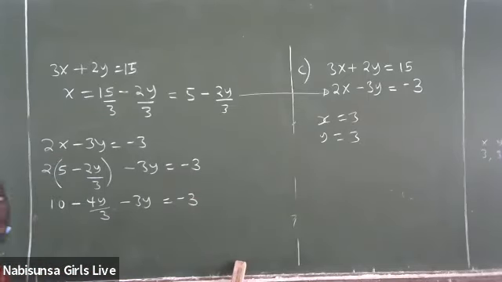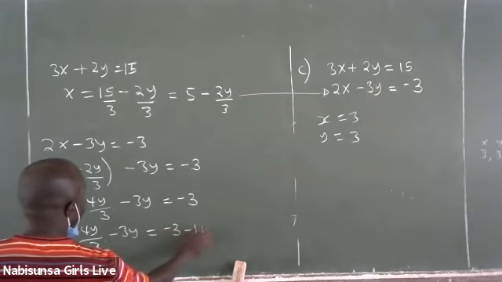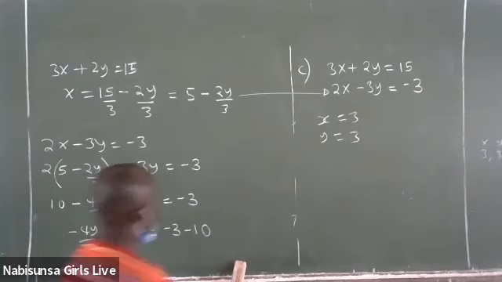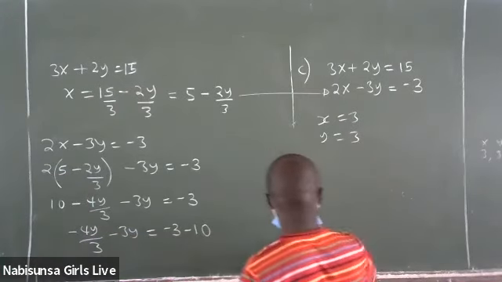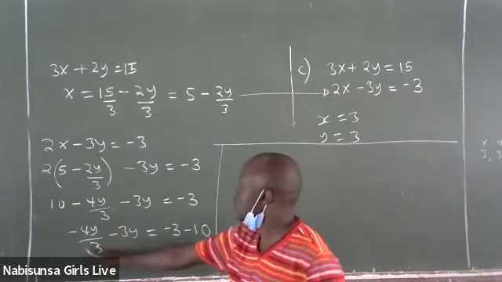Mariam, did you get something like that? No, I didn't. Have you reconciled? Yes. So you collect like terms: minus 4y over 3 minus 3y is minus 3 minus 10. So that will push us to this one here.